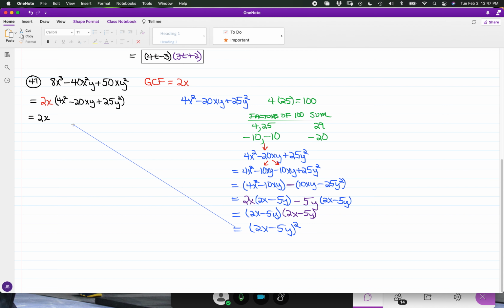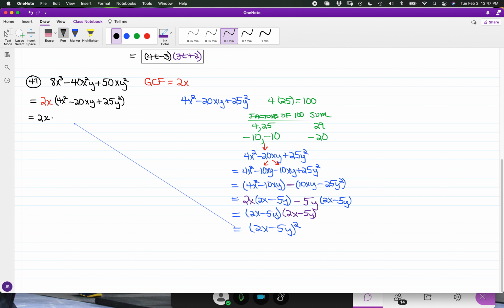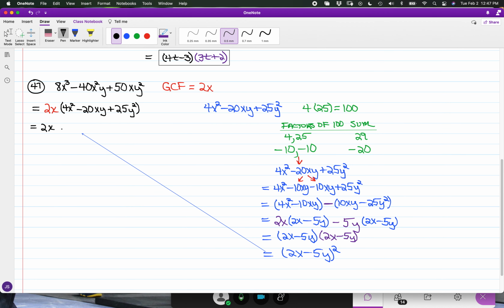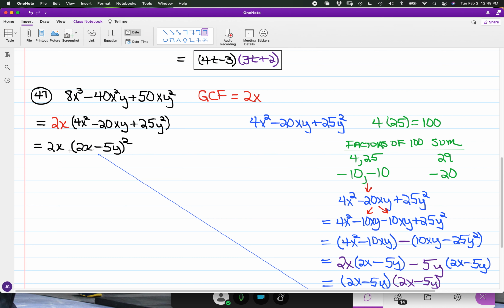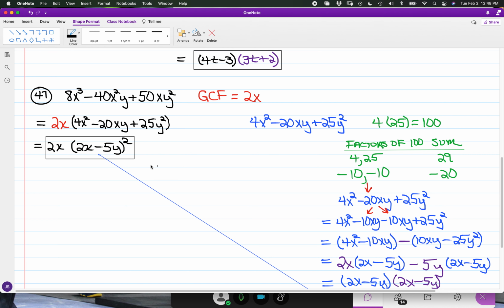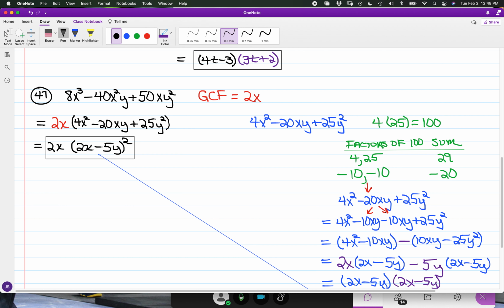For the end result, we're going to have 2x times the quantity of 2x minus 5y raised to the second. So that would be the complete factorization of what we have in the case of 47.